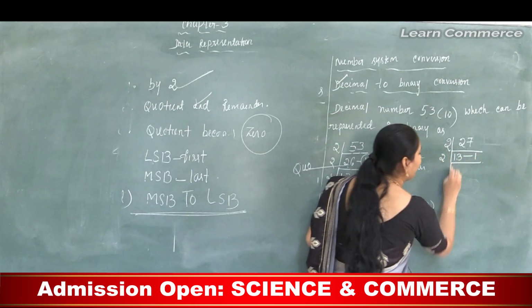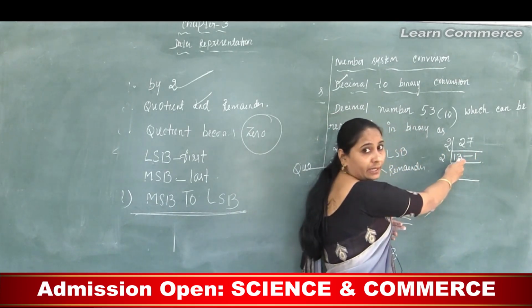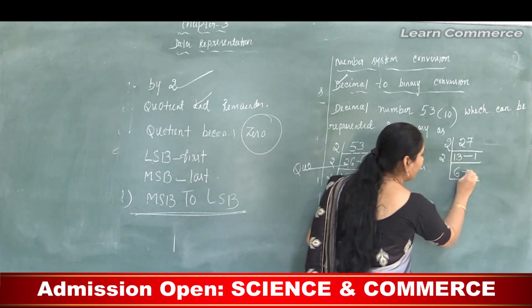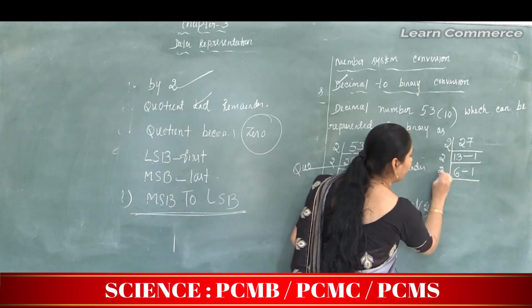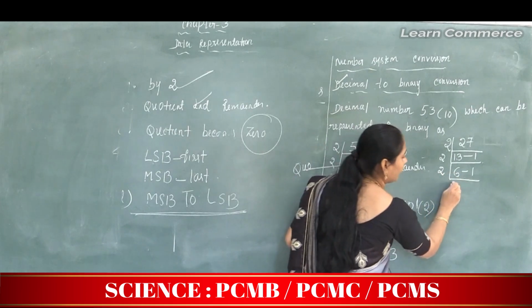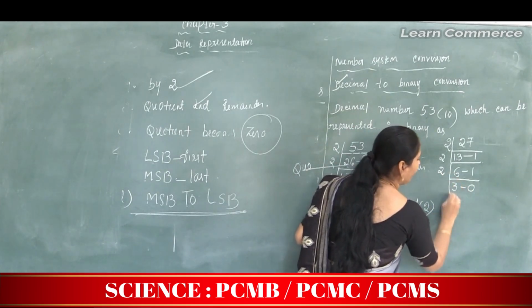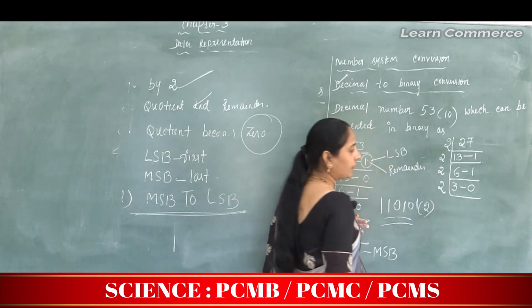Again 2, how much is 13? 2 6s are 12, 1 is the remainder. Then 2 3s are 6, that means 0 remainder. Clear this point here?